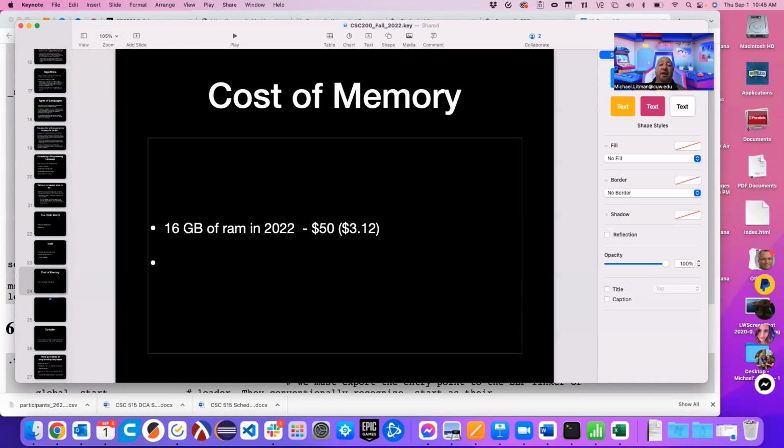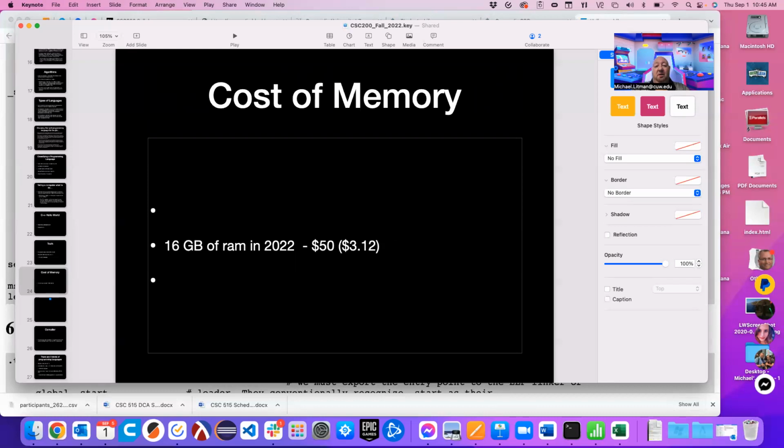All right. So now let's roll back the clock to 1996. How many of you were alive in 1996? All right. So in 1996, I bought an 8 megabyte memory chip.